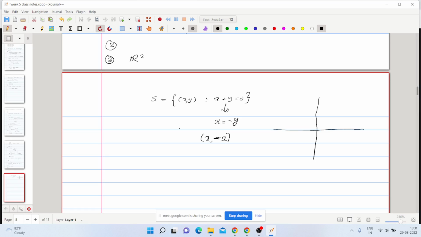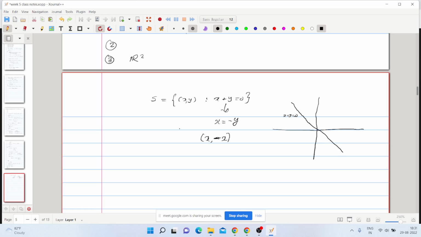It means x, minus x is our line. This is our line x plus y equal to 0. So the subspace we considered here is this line. This has dimension 1, because if we take one element here and just multiply or add, whatever we do, the element will lie on the same line again. So that is why this is a subspace.